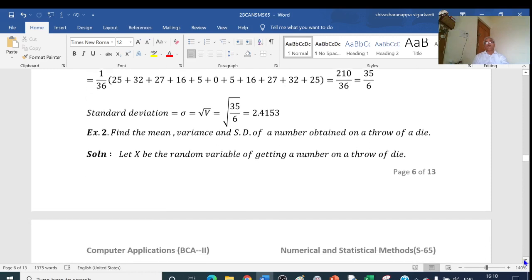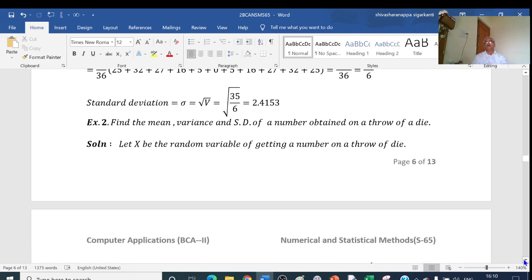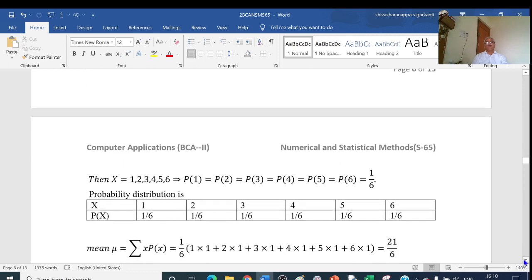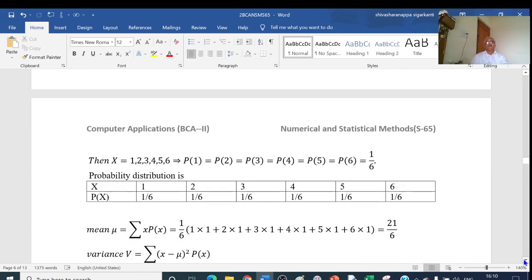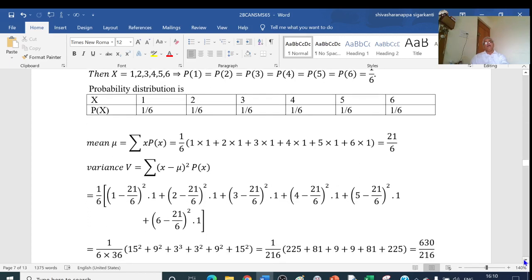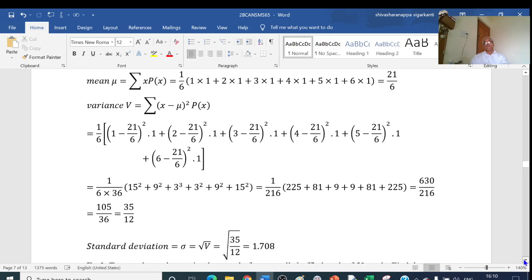Next question, find the mean, variance and standard deviation of the number obtained on a throw of a dice. Number obtained, any number 1, 2, 3, 4, 5, 6. So x can take 1 to 6 here, then P of 1. The probability of getting every number is the same, that is 1 by 6. Writing a table, finding the mean, finding the variance.